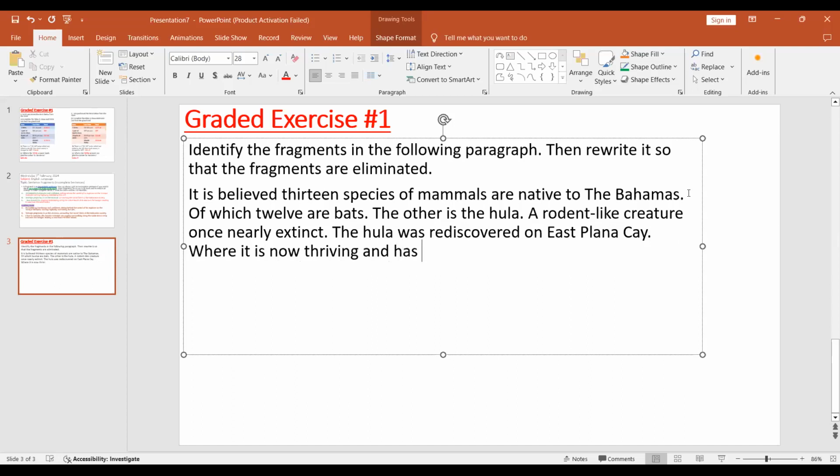And has been translocated to two keys in the Exumas, and the Exuma is land and sea park.